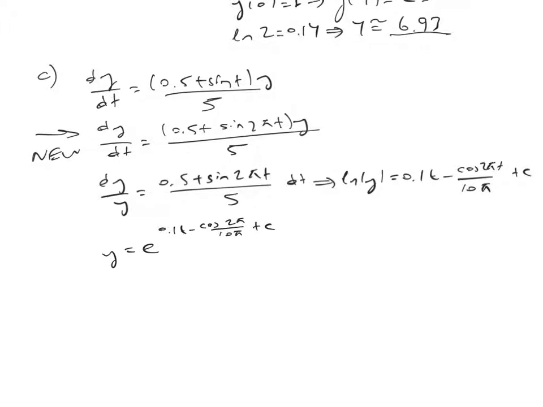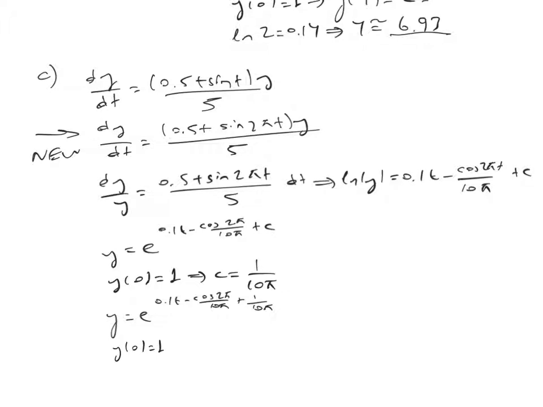And in order to find the constant c, we will use the initial condition, which is y0 equal to 1. And from here the constant c is found as 1 over 10 pi. Now our function is equal to e to the power of 0.1 t minus cosine 2 pi t over 10 pi plus 1 over 10 pi. Our initial population is 1, and in order to find out our doubling time tau, we will look at which time instant tau our function is equal to 2.